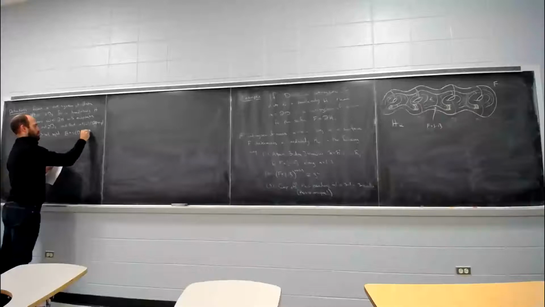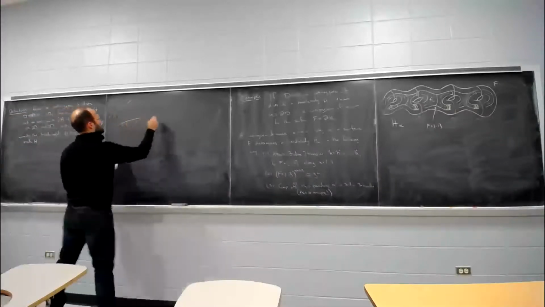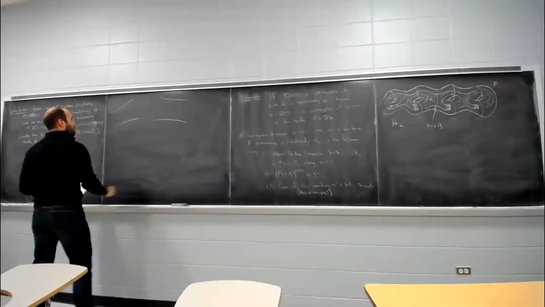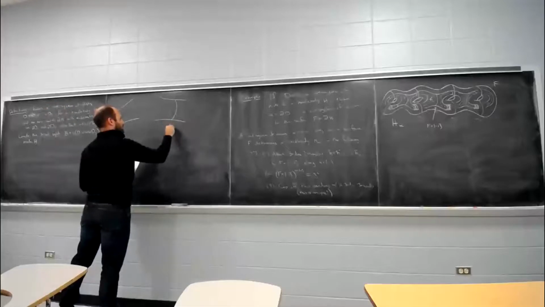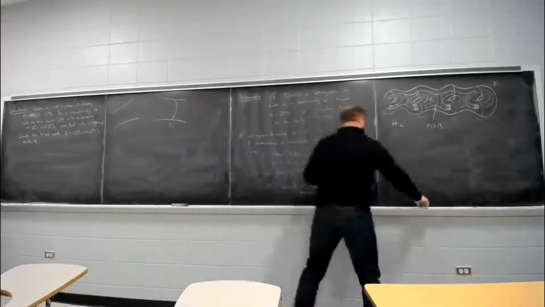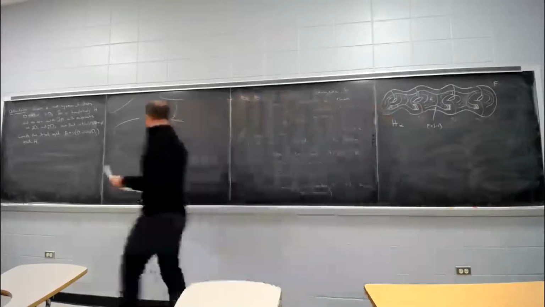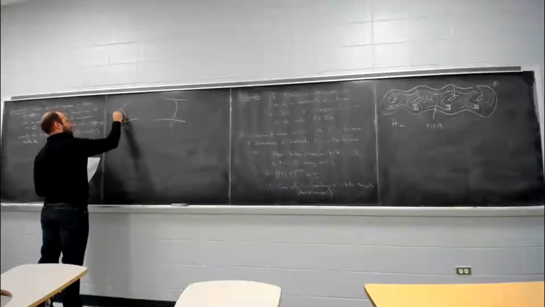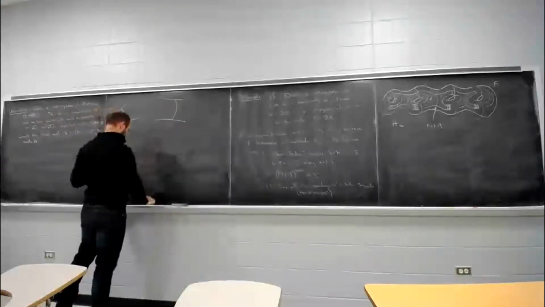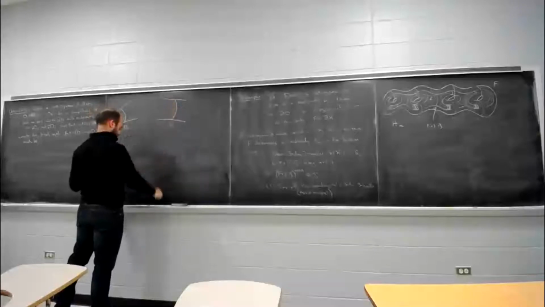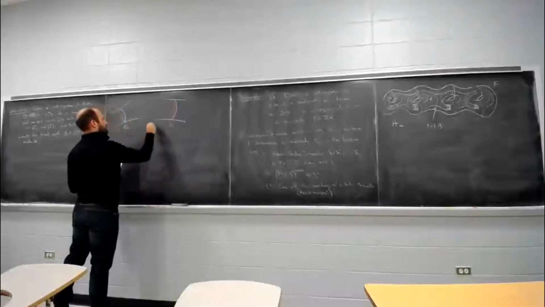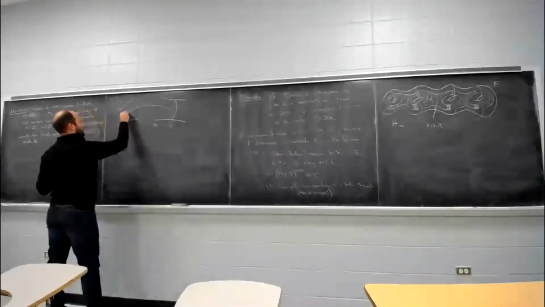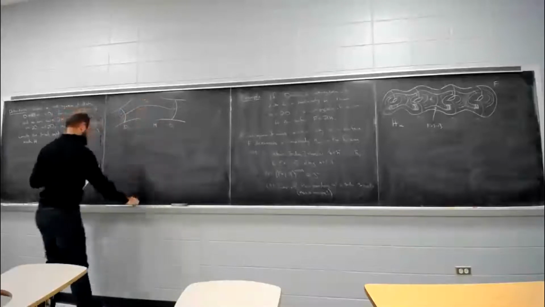So let's get a picture over here. We have two pieces of H here. Maybe it looks something like this. Here we have D_j and over here we have D_i. And this is H with its boundary. And then we have some arc omega on the boundary.